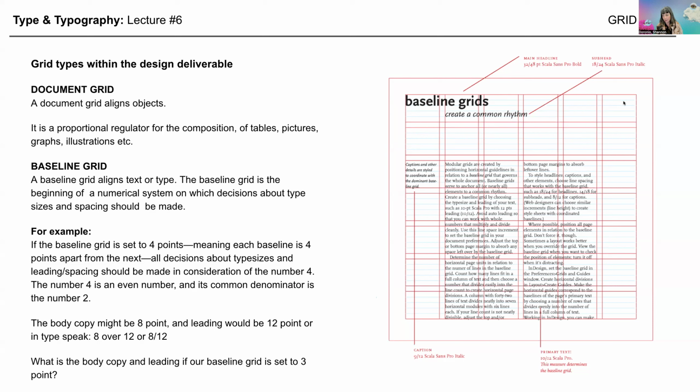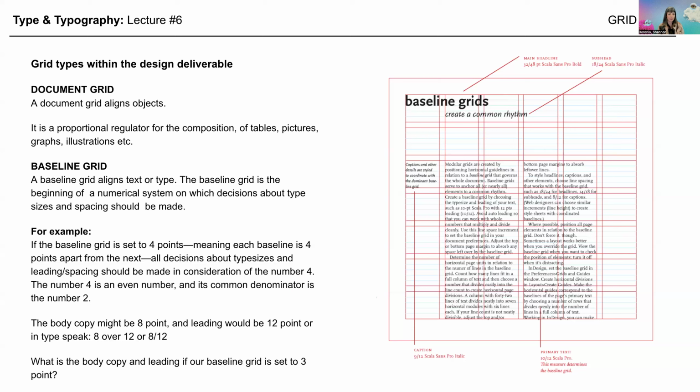So look at our baseline grid, our blue line. So baseline grids in InDesign, you can customize your baseline grids. Your type, in order to make good use of the baseline grid, needs to have a numerical or proportional relationship with the baseline grid.